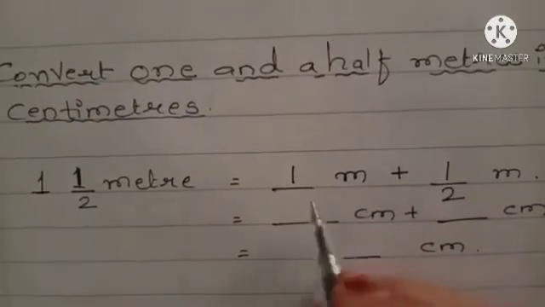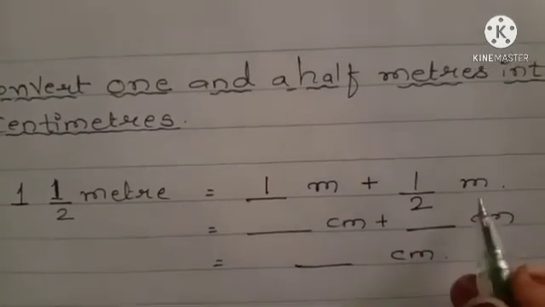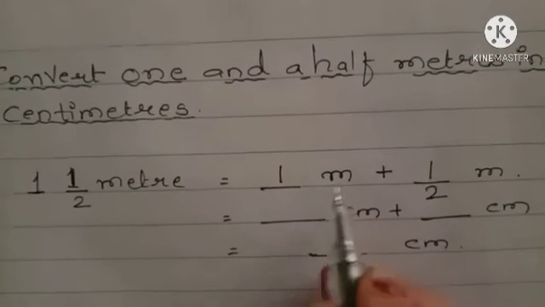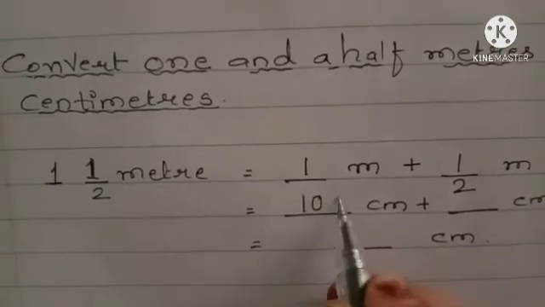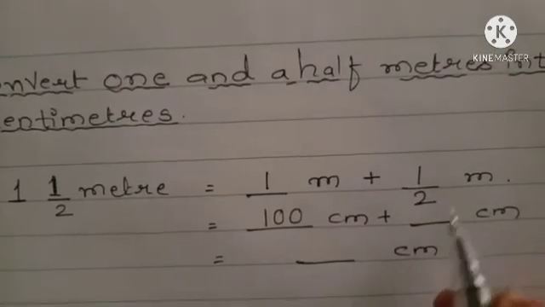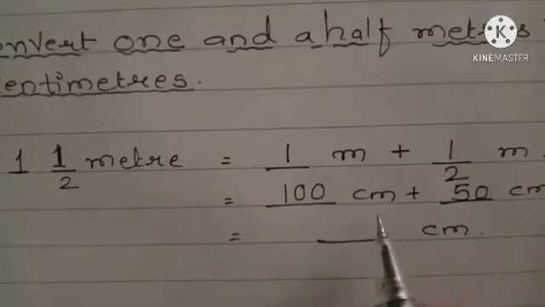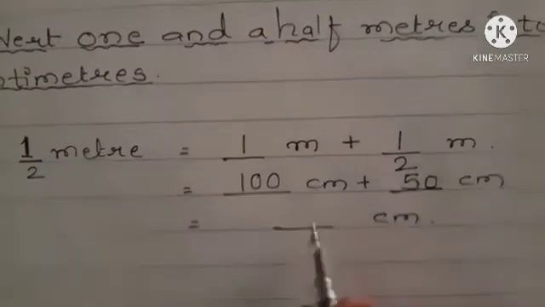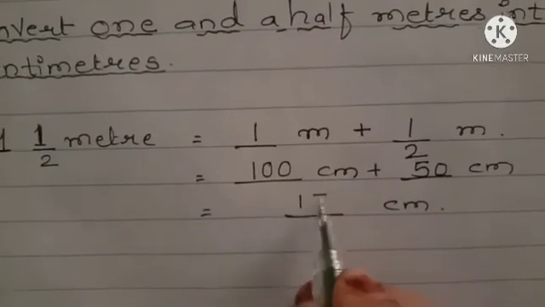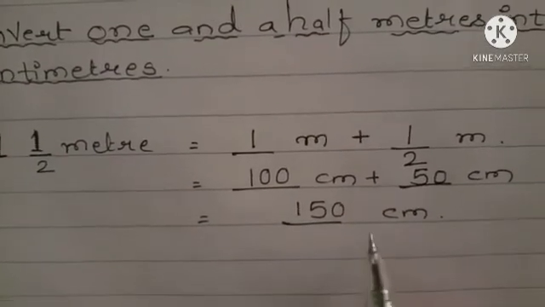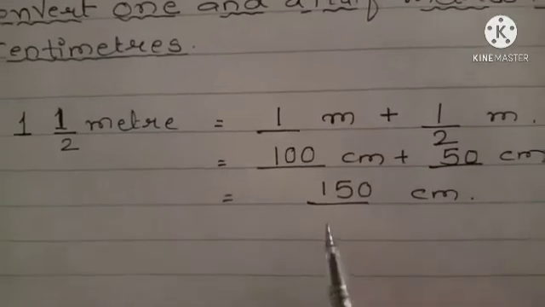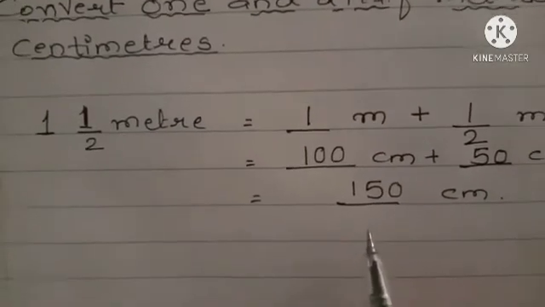We will separate here 1 meter and plus half meter. You know that 1 meter is equal to 100 centimeter, and half meter is equal to 50 centimeter. So see 100 centimeter plus 50 centimeter, that is equal to 150 centimeters. So in this way you have to convert the different types of units.